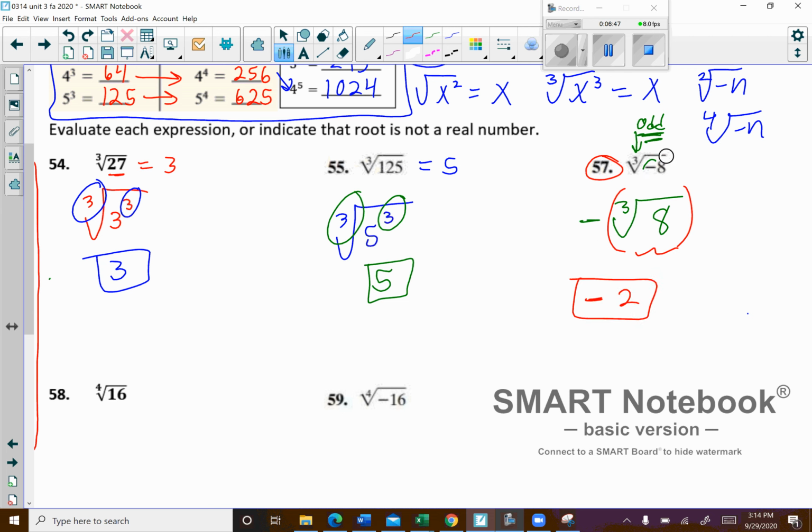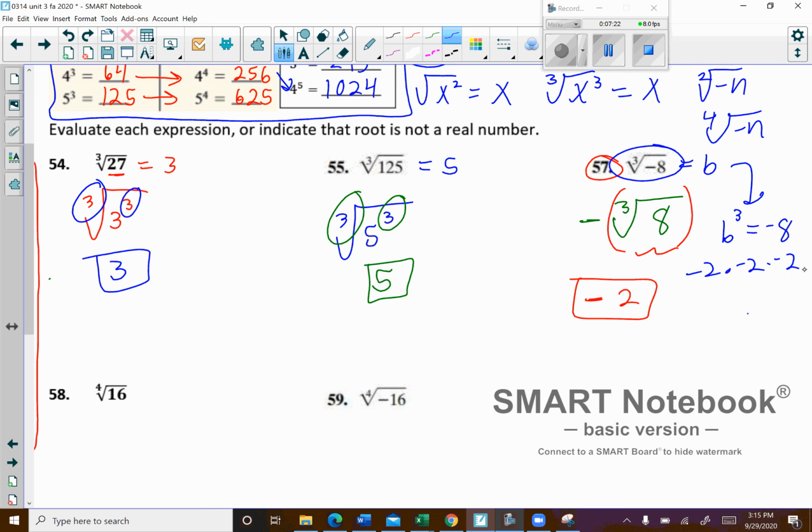Okay? And just to give you a little more of an in-depth look at this, why is the answer -2? Well, remember, let's say we're trying to figure out this equals, we'll call it b, right? So this question is asking you b to the power of 3 equals -8. The index is saying your answer to that power gives you the value inside the radical, the radicand. So it's asking what to the third power gives you -8, and it's got to be -2, okay?